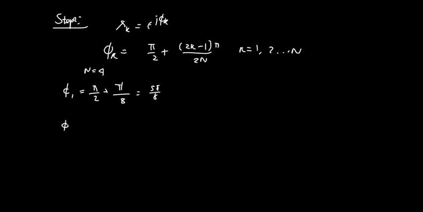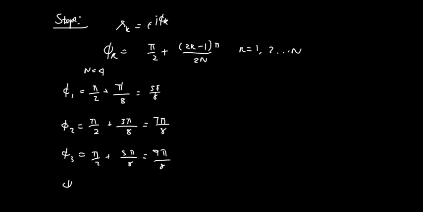Okay, similarly phi 2 is equal to pi by 2 plus 3 pi by 8, which becomes 7 pi by 8, and phi 3 is equal to pi by 2 plus 5 pi by 8, which gives you 9 pi by 8, and phi 4 is equal to pi by 2 plus 7 pi by 8, which gives you 11 pi by 8. So once we know the values of phi 1, phi 2, phi 3, we need to substitute that into our S1.